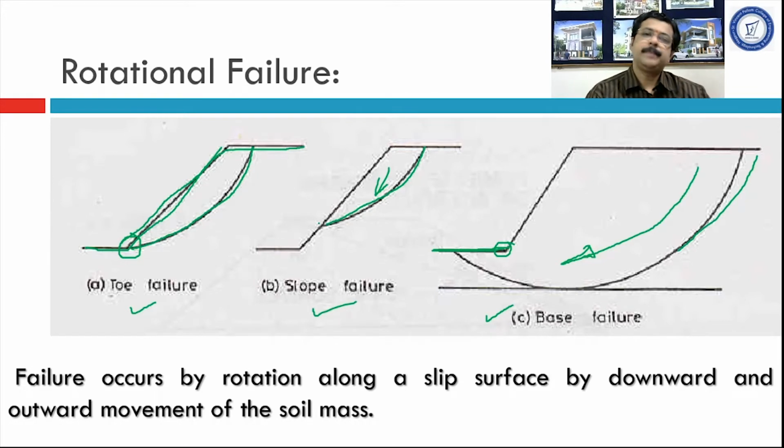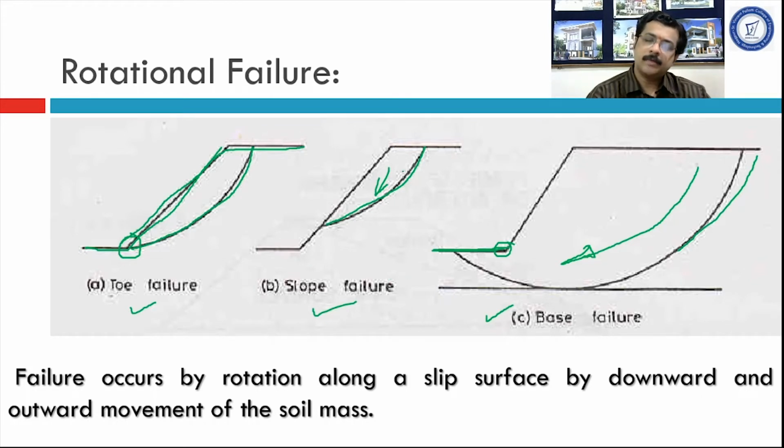Now what are the peculiar situations under which these failures would occur? Toe failure would occur in case of homogeneous soil. Slope failure, when will it occur? It will occur in case of steep slopes. And third, base failure.